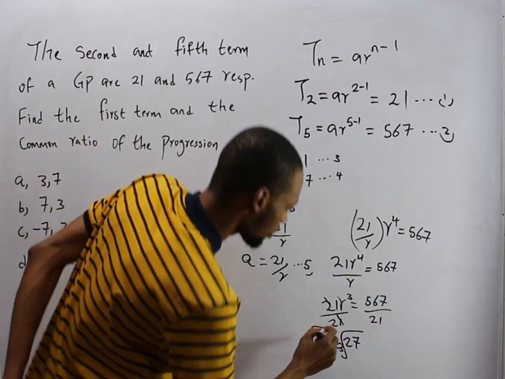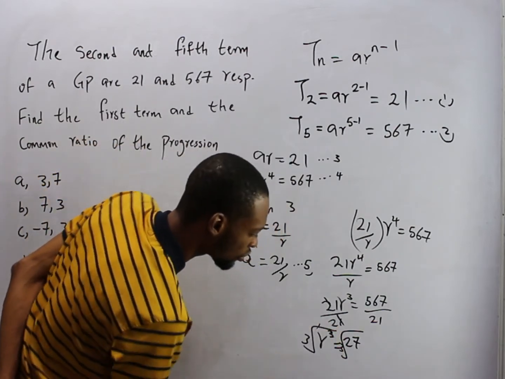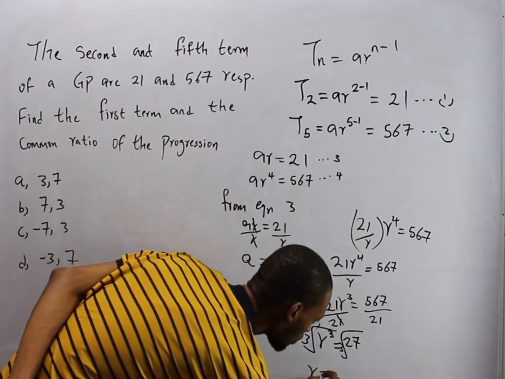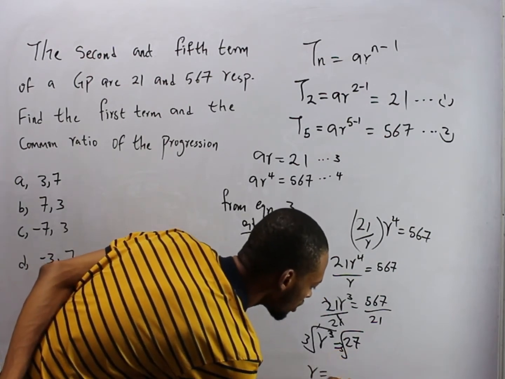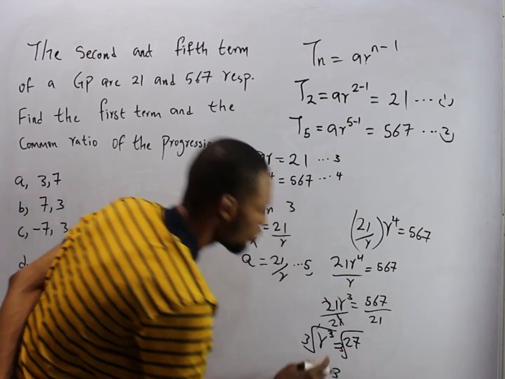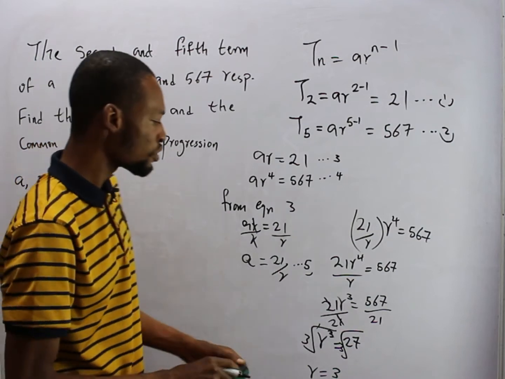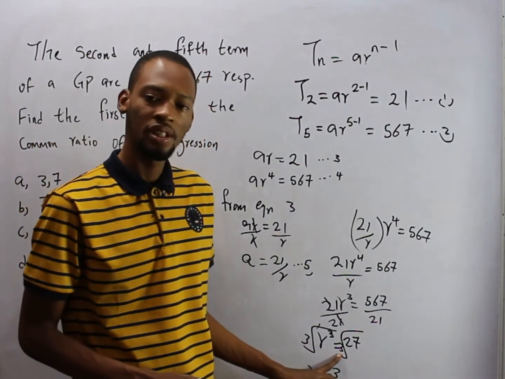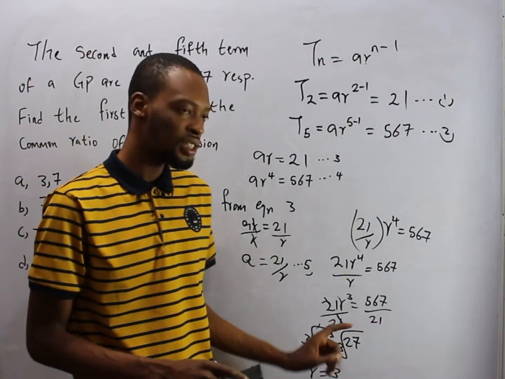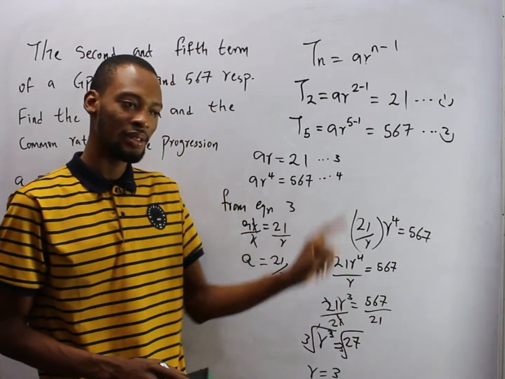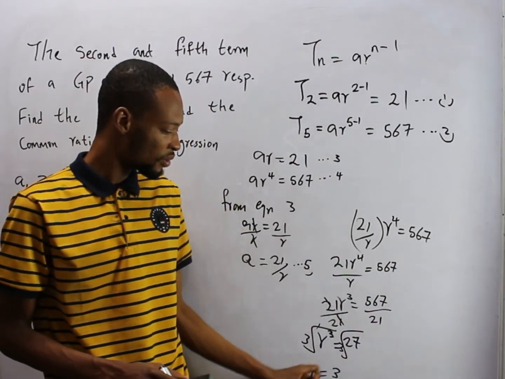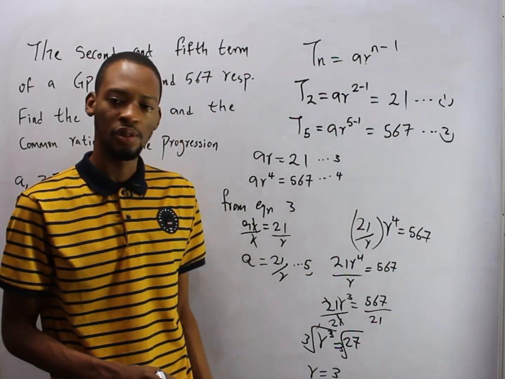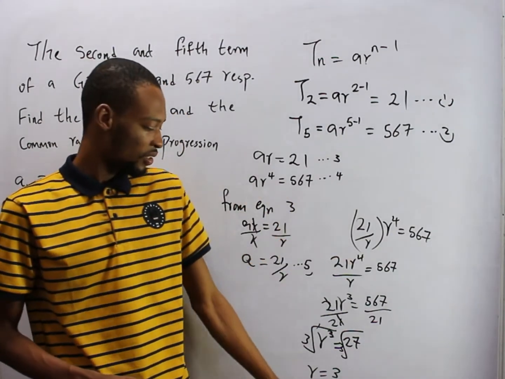So this cube cancels this cube root, and we are left with r. r equals the cube root of 27, which equals 3. What does it mean? It means the cube root is what you multiply 3 times to get 27. So 3 times 3 is 9, times 3 is 27. So the cube root of 27 is 3 because you multiply 3 three times, you get 27.